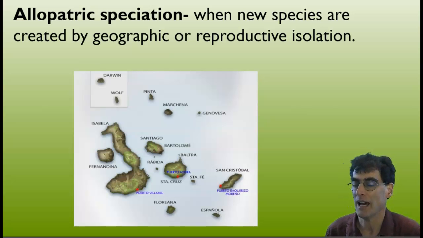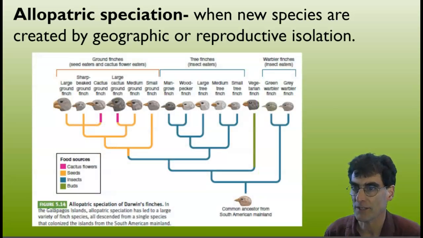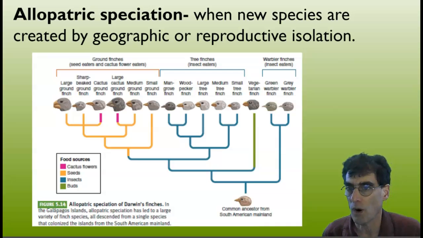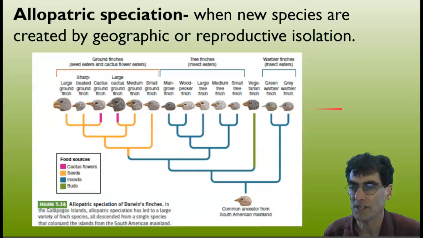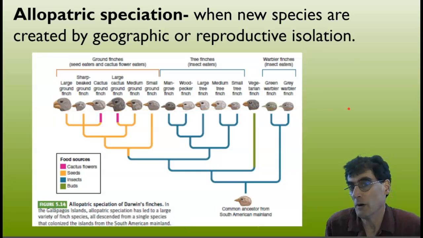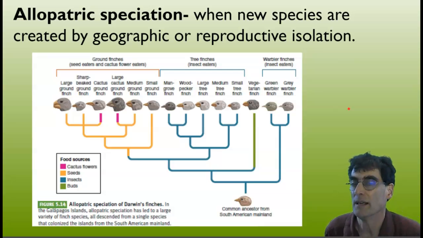So they were all allowed to adapt separately and develop different characteristics. And so from this one species, right, separated out into all these different species of finches. And that's really what I call adaptive radiation, but it's also called allopatric speciation.